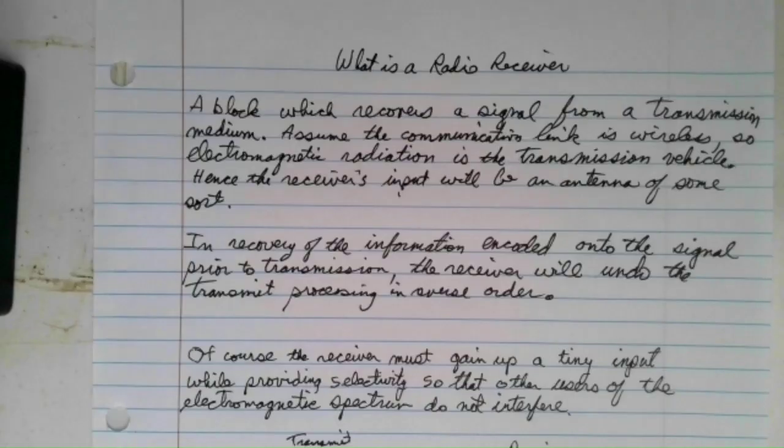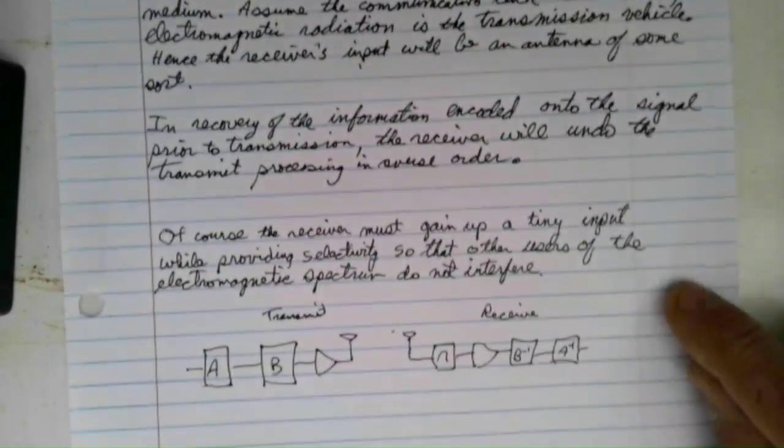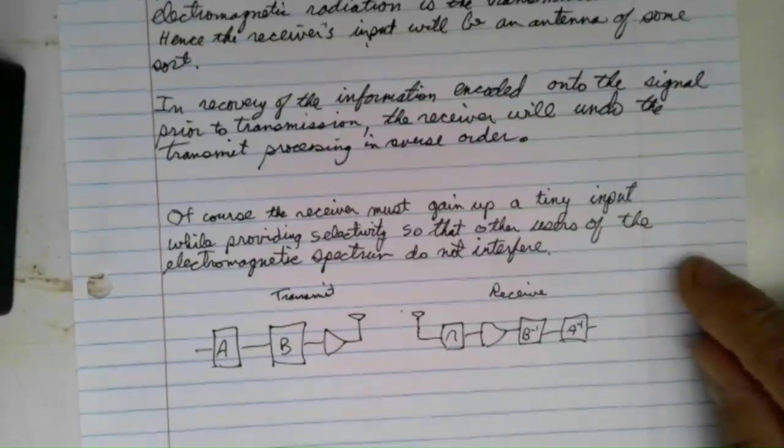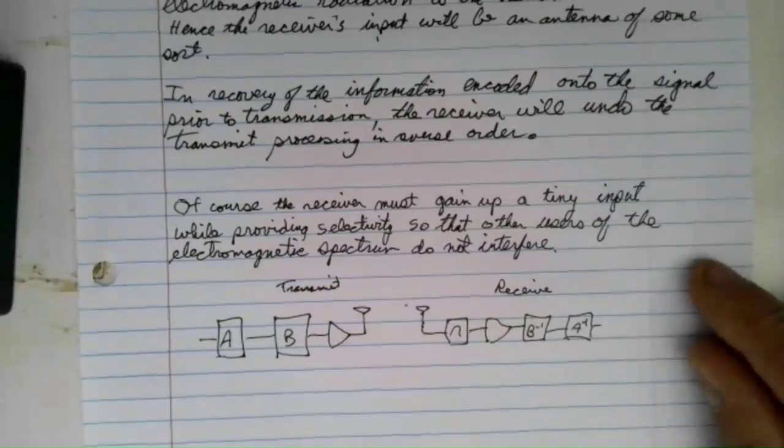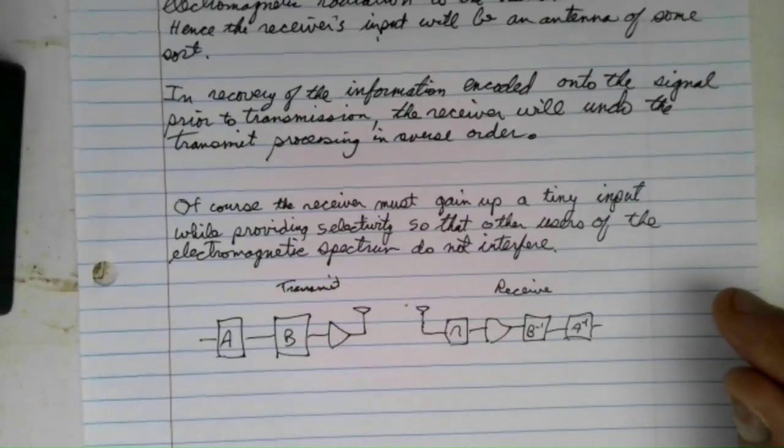In the recovery of the information encoded onto the signal prior to transmission, the receiver will generally undo the transmit processing in reverse order. But a receiver has to do a whole lot more than that. It has to gain up a tiny input while also providing selectivity, so that other users of the electromagnetic spectrum do not interfere with your desired receive operation.